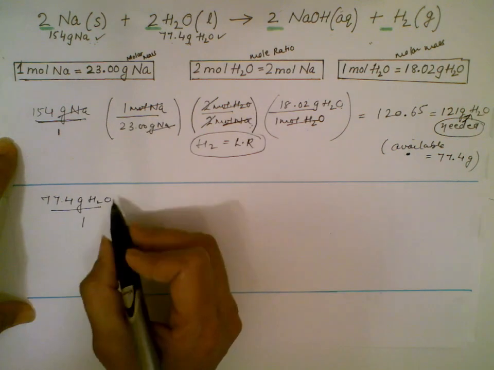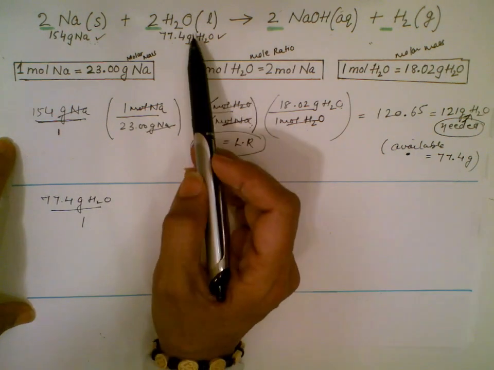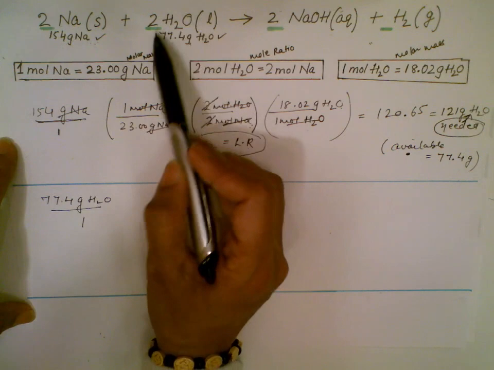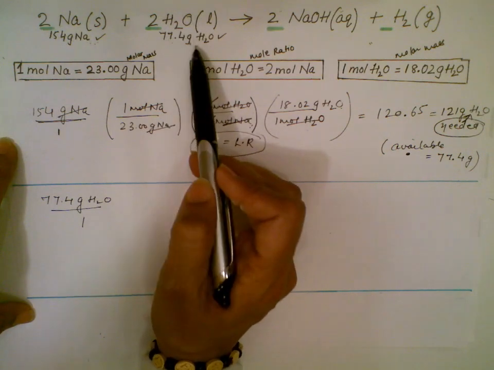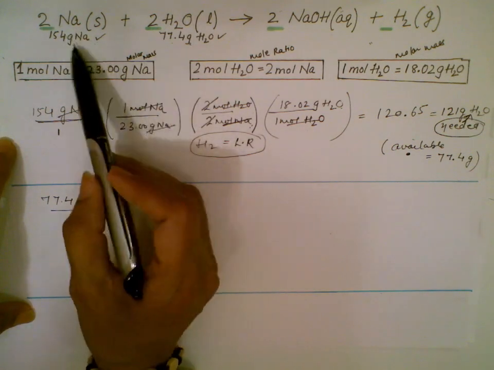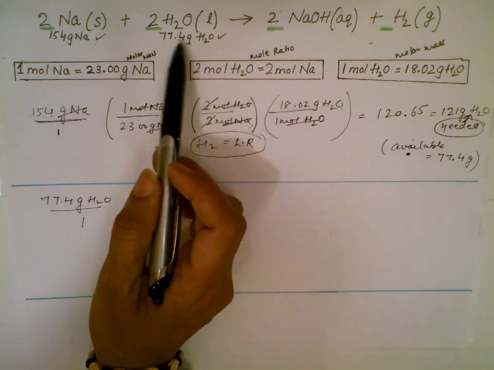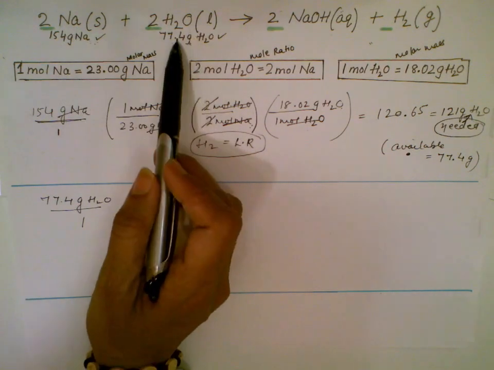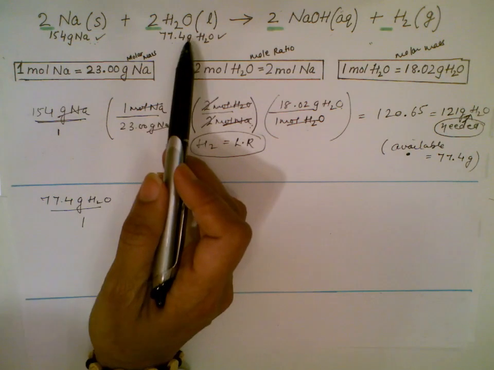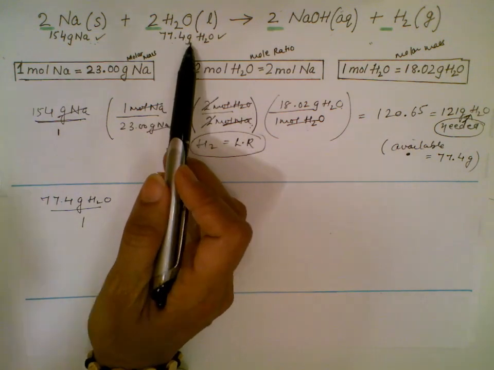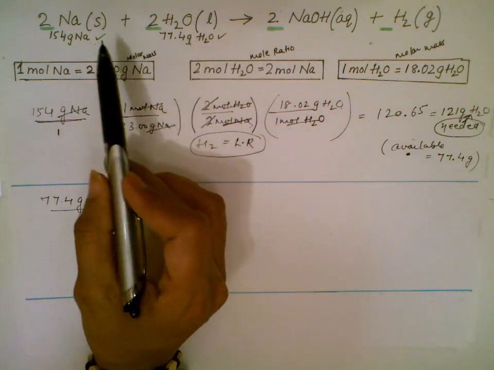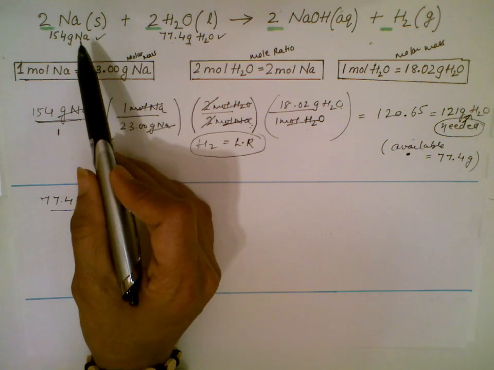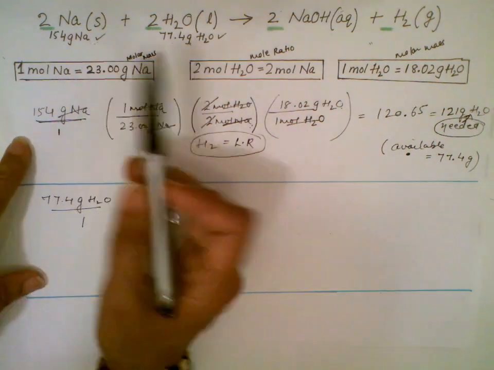When 77.4 grams of water is used, how many grams of sodium will be needed? This is what we are going to figure out.